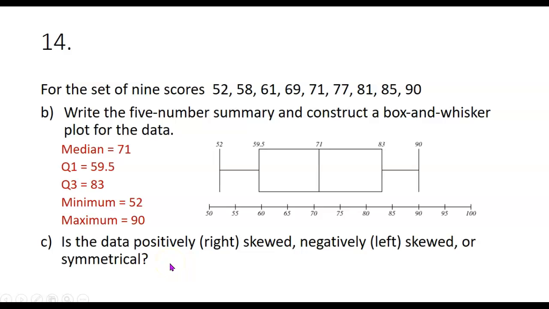And from looking at this, would you say that looks like it is positively skewed, that is skewed to the right? Or negatively skewed, that is skewed to the left, or symmetrical? Well, it looks to me like both halves of the box are about the same size, and both whiskers are about the same length as each other, so I would say this is symmetrical.